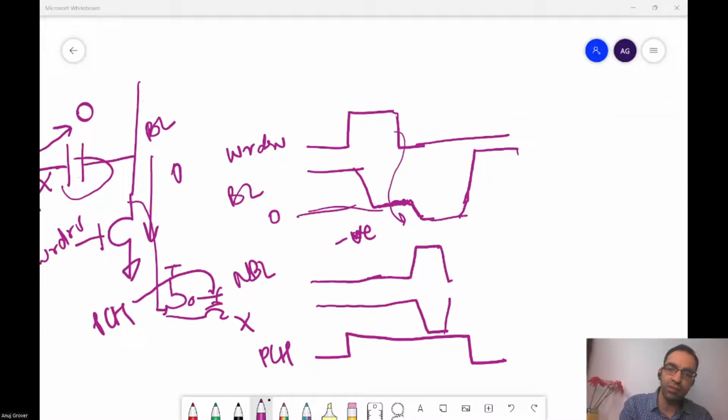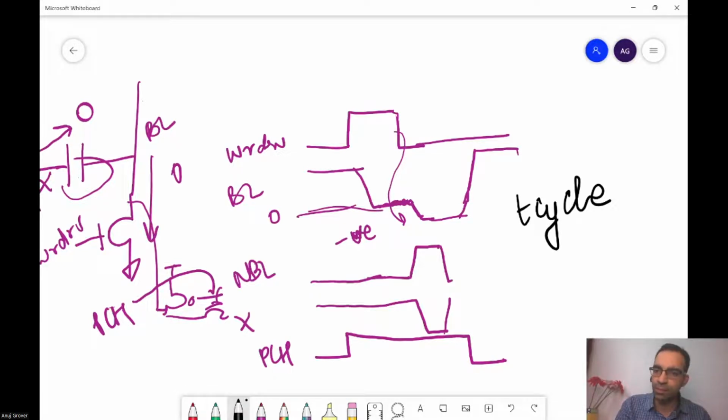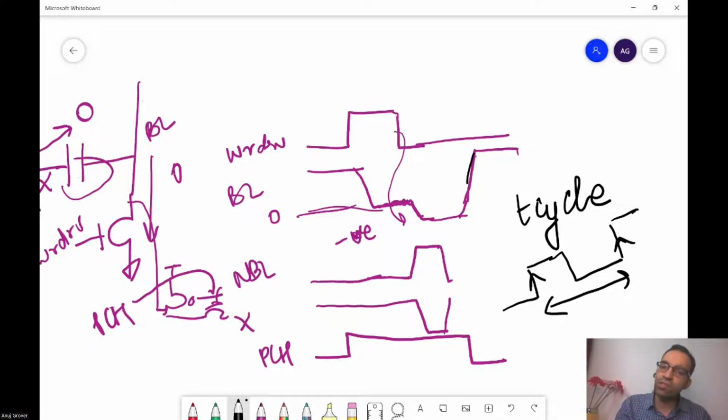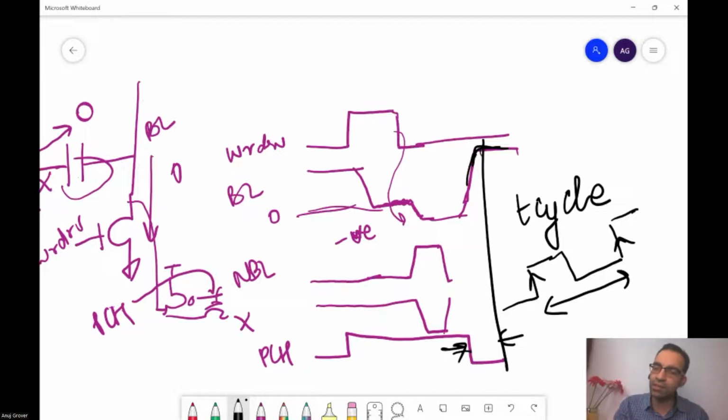You remember, in the data sheet we looked at the T cycle time defined with the memory, right? What does this mean? If I gave a rising edge of clock, when can I give the next rising edge of clock? This spacing has to be ensured such that the bit line has precharged to full VDD. So the precharge to full VDD delay has to be added and taken care of in the T cycle definition itself.